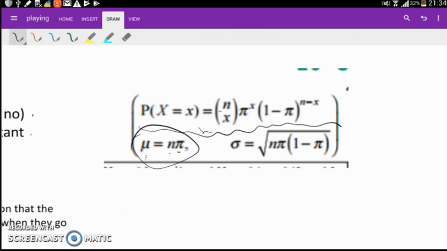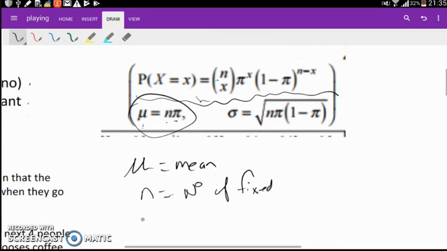So we've got this symbol means the mean, average. N is equal to the number of fixed trials. And then we have pi, which is Greek for p, which is equal to probability. And that's the probability for each individual trial.